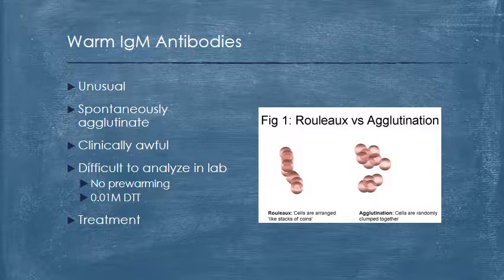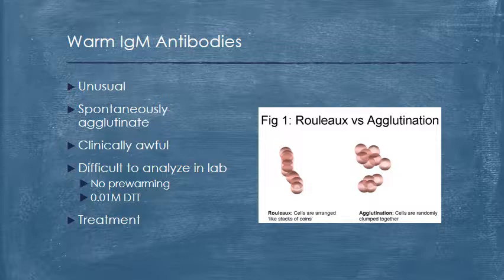In these cases, when you have an autoantibody that causes spontaneous agglutination, now you're going to have problems with your ABO and RH typing because the red cells are spontaneously agglutinating. Okay. And since these are usually warm IgM antibodies, you can't pre-warm the blood. It's not going to help in this particular case.